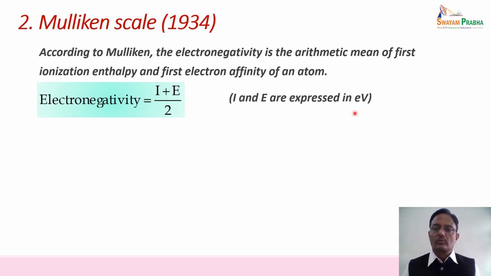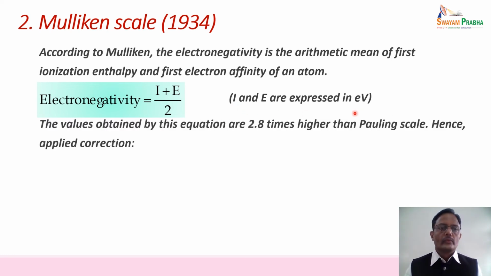Now, if these values are obtained from the Mulliken scale, it was found that the values obtained by this equation are 2.8 times higher than those obtained by the Pauling scale.